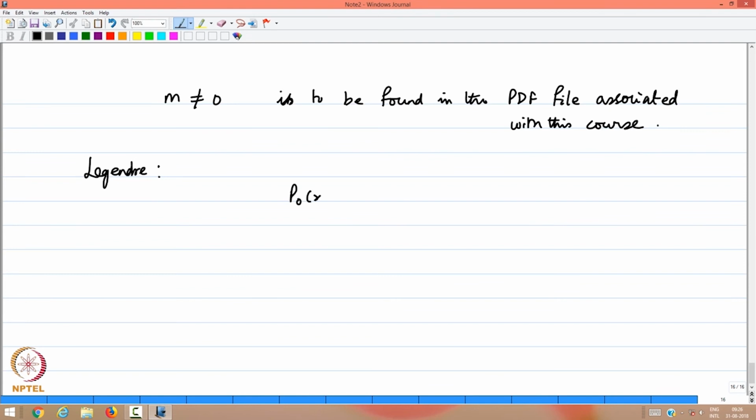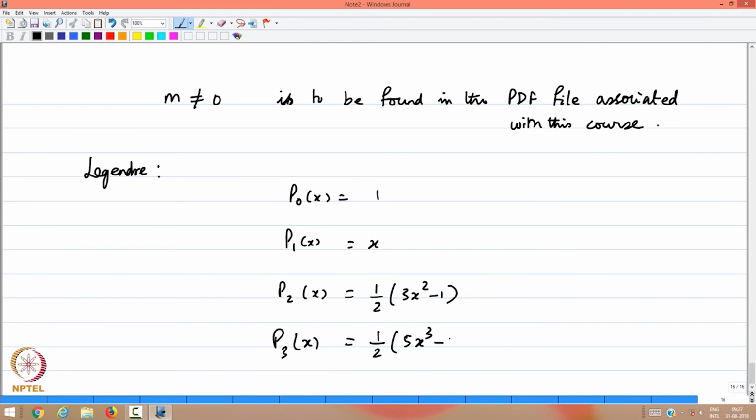P0 of x is 1, P1 of x is x, P2 of x is 1 by 2 times 3x square minus 1, P3 of x is 1 by 2 times 5x cube minus 3x, P4 of x is 1 by 8 times 35x raised to 4 minus 30x square plus 3, and so on.